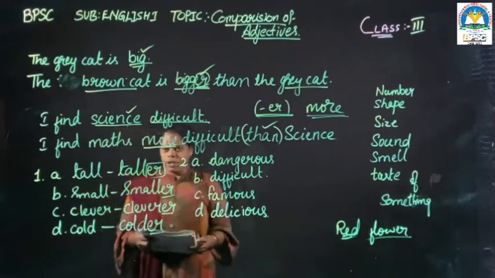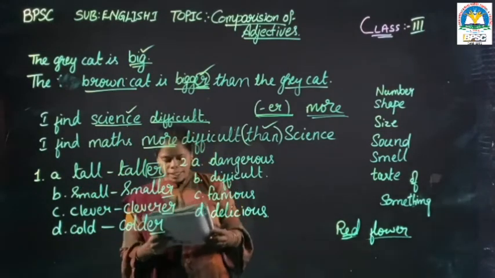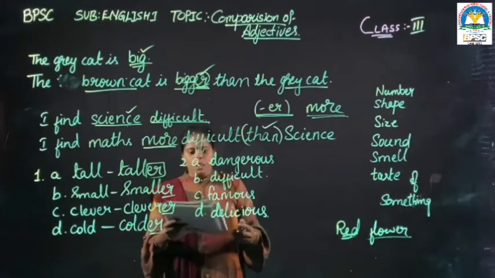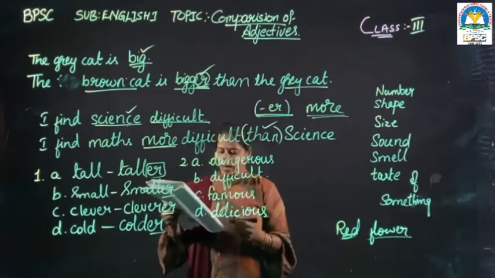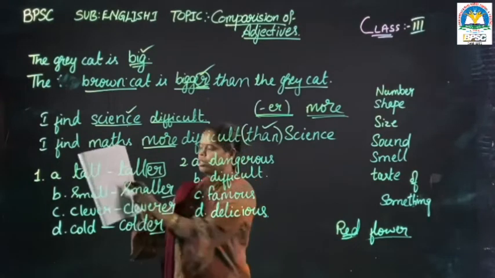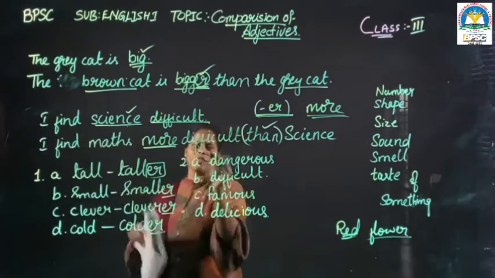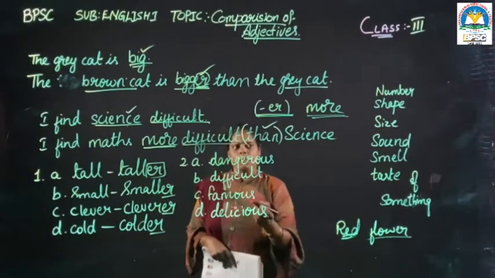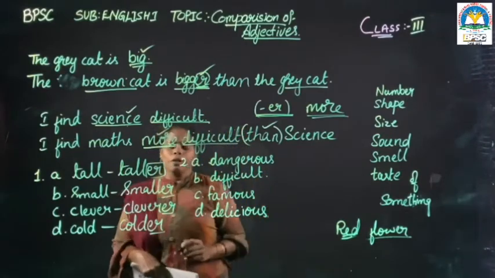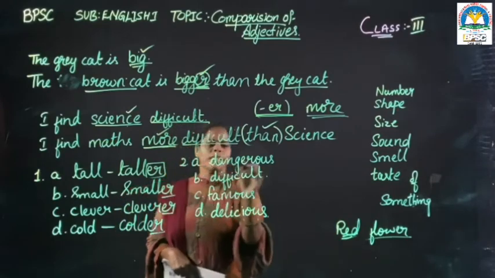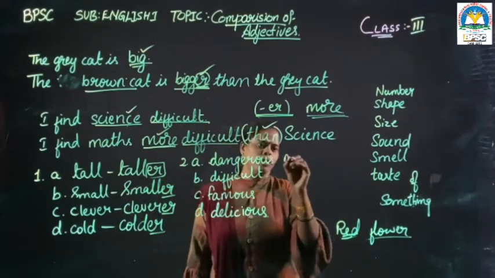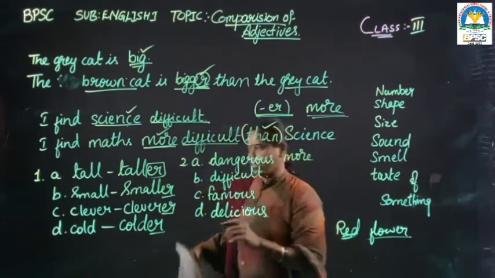Okay, next heading, page number 50. Write more before the adjectives and complete the table. Here some long adjectives are given. Difficult is a long adjective. When a long adjective is there, what do you have to do? You have to add more before the adjective. So dangerous. What do you have to write? More dangerous.